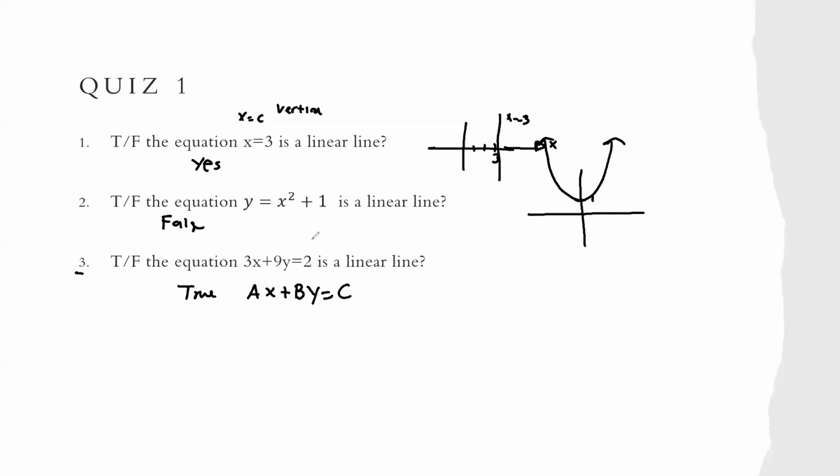What this would look like when you graph it, which I haven't taught you yet but will in the next lesson, is something like this. It's going to go to the right. So this is definitely a linear line. The first one is true, the second one is false, and the third one is true.